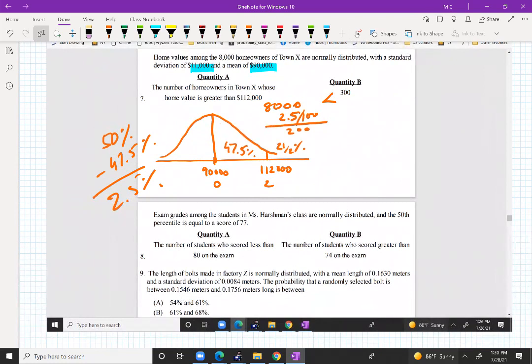Okay, try number 8. 77. The number of students who scored less than 80 on the exam, and then the number of students who scored greater than 74. B is going to be greater, right?